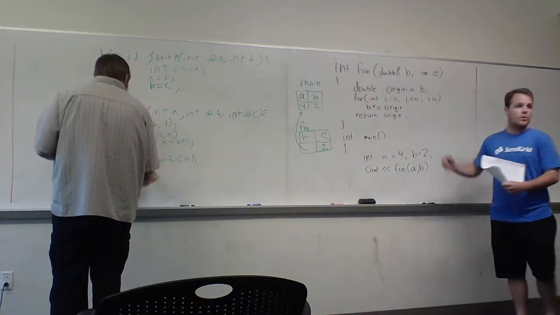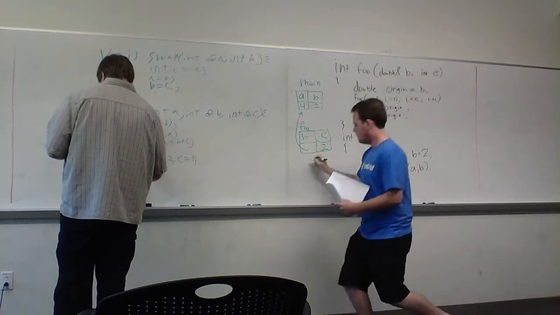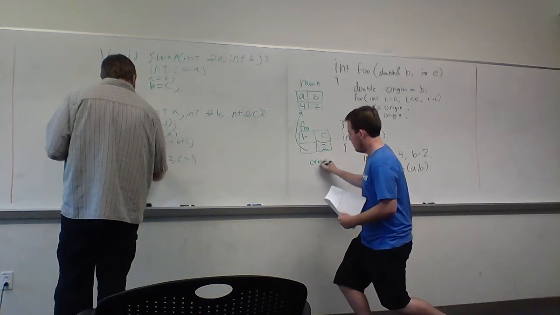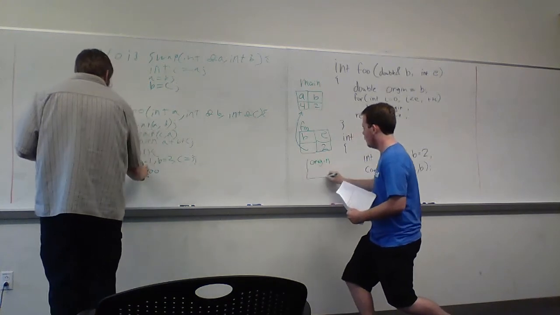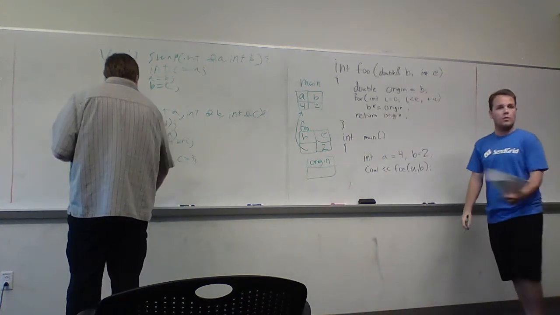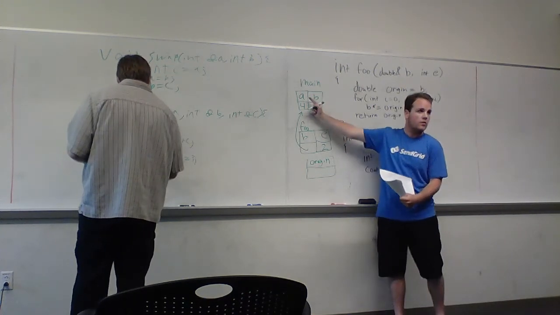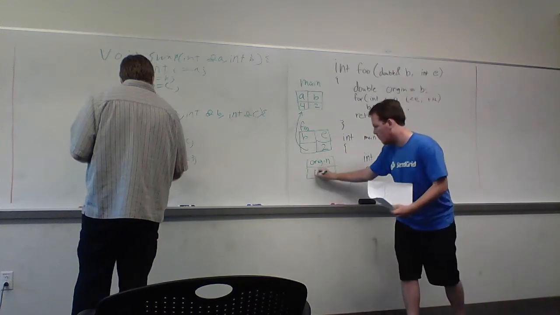Now we're going to run through the code. We have another variable, origin, inside foo. It's set to the original value of B, and B is just a reference to A, so that value is 4.